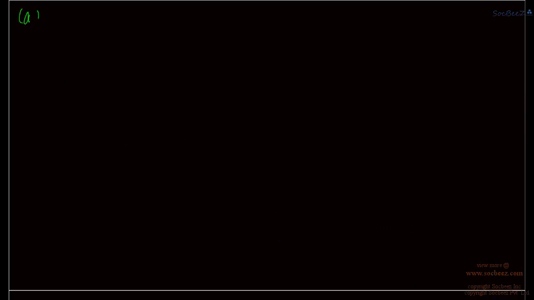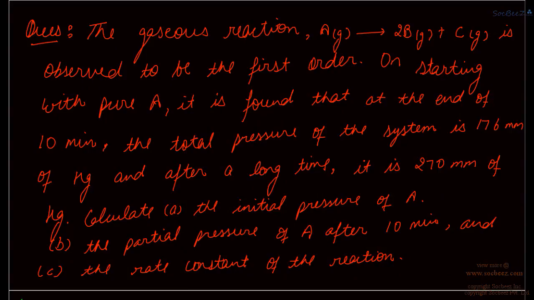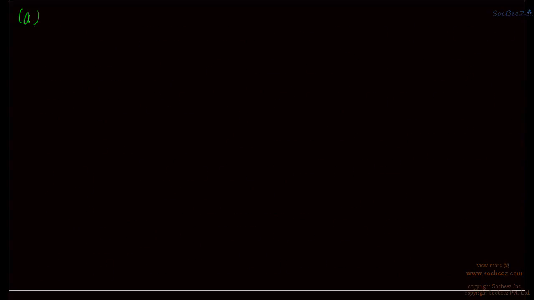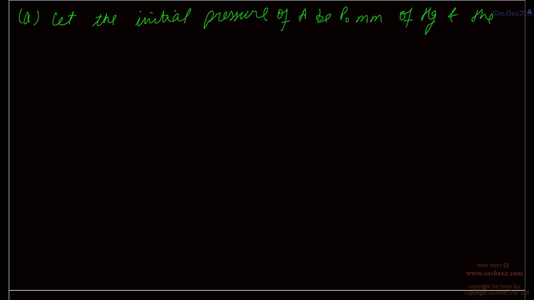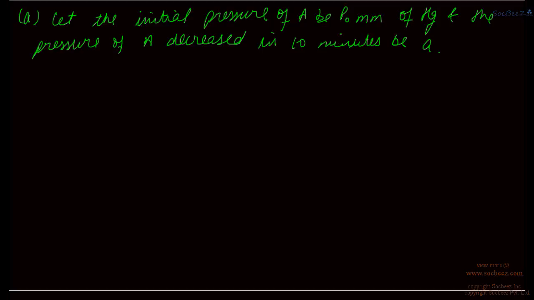Now let's solve the first part of this problem. It is asking us to calculate the initial pressure of A. Let the initial pressure of A be P0 millimeter of Hg and the pressure of A decreased in 10 minutes be a.